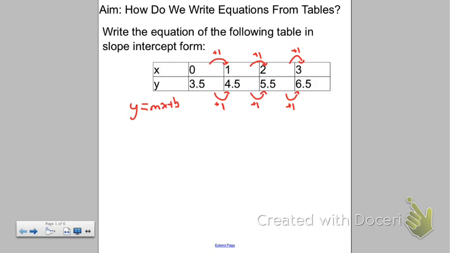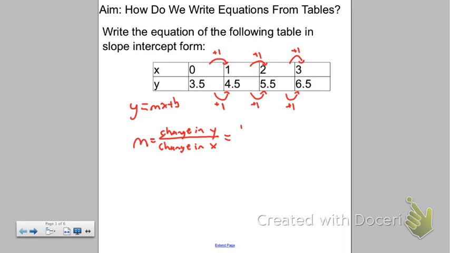When I check the slope, it's the change in y over the change in x. So the m is the change in y over the change in x. You have to make sure from a table that it is the same number for every single change.